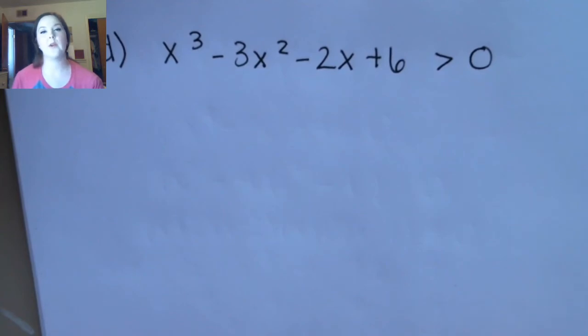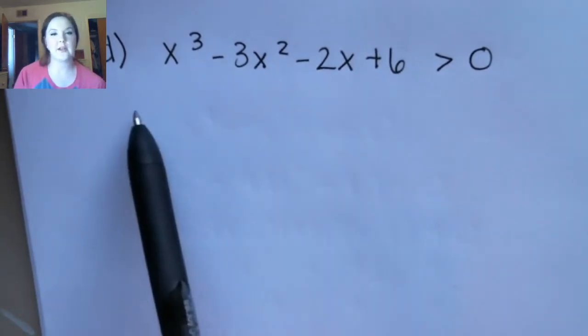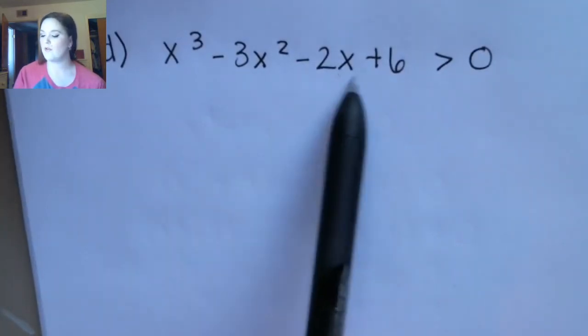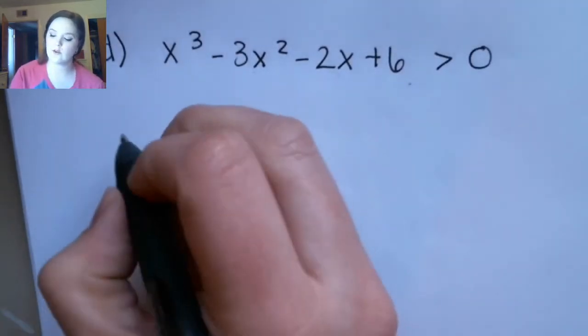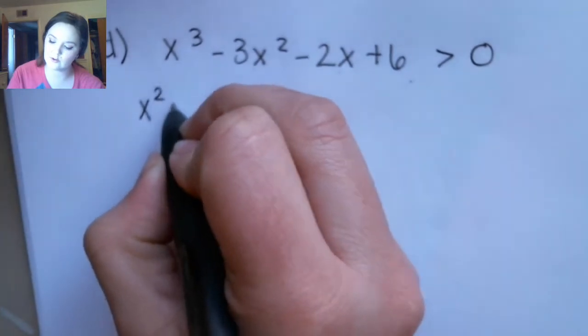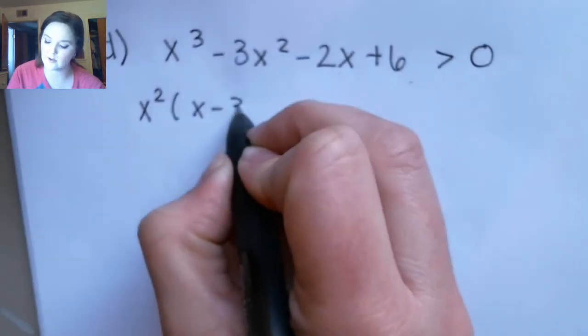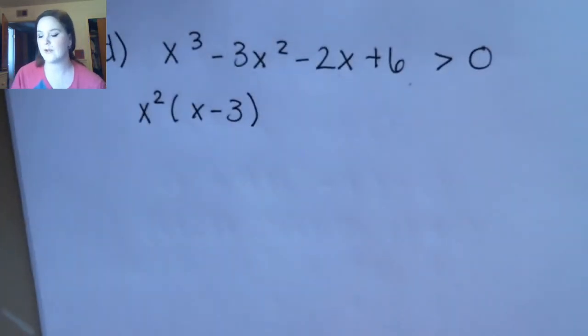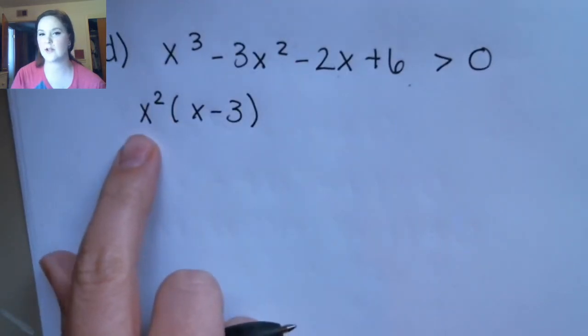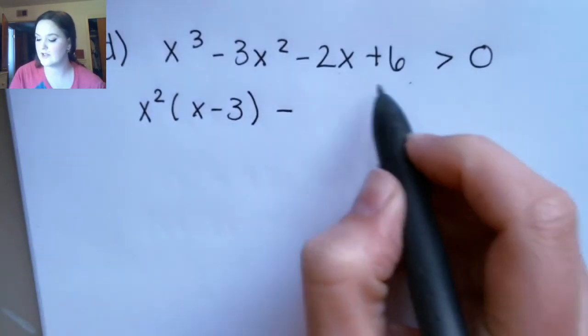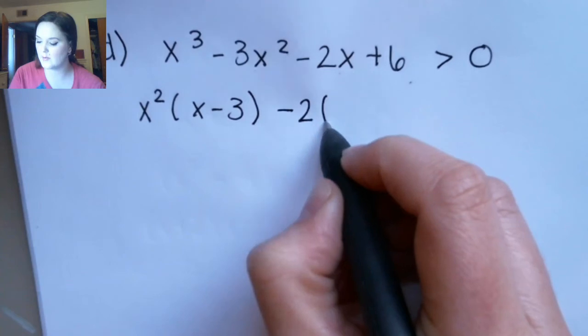And we have to factor this. So it's not quadratic in form. We have 4 terms. 4 terms should give you a clue that we need to factor by grouping. My first group here has x squared as a common factor. My second group has -2 as a common factor.